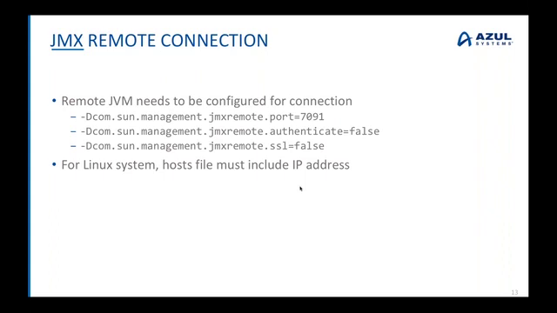Also, for the purposes of the demonstration that I'm going to show you, I turned off authentication and I turned off the use of SSL. I wouldn't recommend doing that in a production environment. If you're running in a production environment, you can use authentication, so you can set up the connection with a password and a username, and you can set up SSL connections as well. So these are things that you can do to simplify if you're running in a controlled environment.